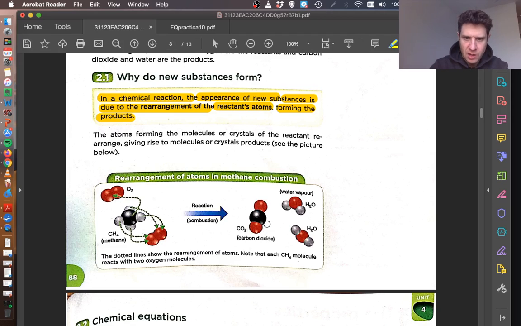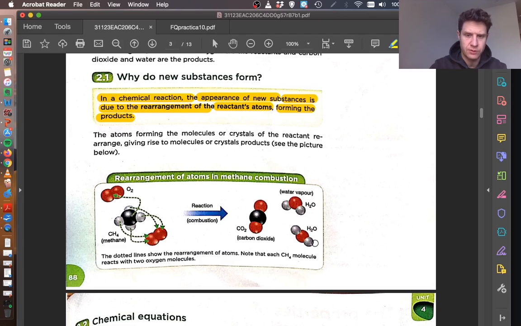So how many carbons do we have at the beginning as a reactant? 1 carbon, and 1 carbon as a product. How many atoms of oxygen do we have? 1, 2, 3, and 4. And as a product, 1, 2, 3, and 4. Yes, can you see it? And as reactants, we have 4 atoms of hydrogen. 1, 2, 3, and 4. And how many atoms of hydrogen do we have as a product?